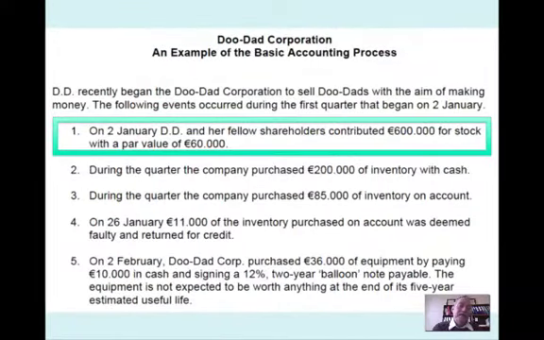Okay, let's start with transaction number 1. On the 2nd of January, DD and her fellow shareholders contributed €600,000 for stock with a par value of $60,000. So what we're going to do is think of this first in terms of the accounting equation, and then we'll put it into a journal entry.